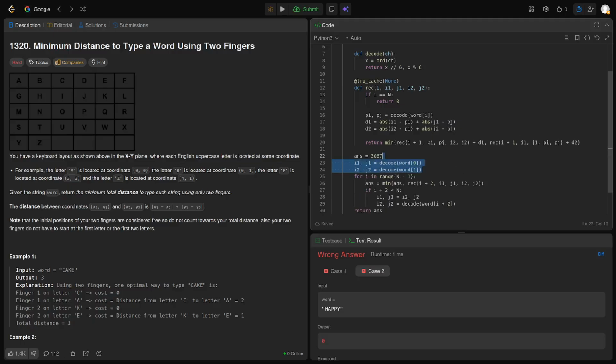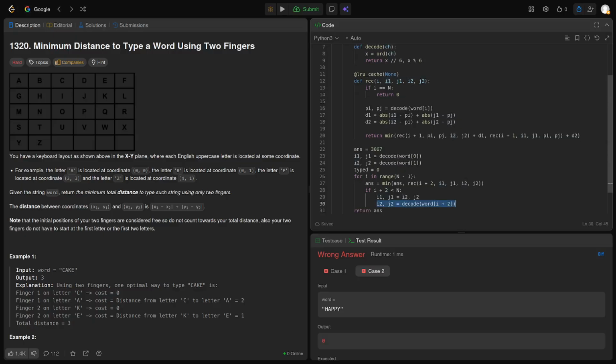Okay, so let's pretend I'm typing 1. Typed is this, right? And then one of them stays and the other one has to move here. So new I, new J, right? And then typed abs of I minus I2 plus abs of J minus J2.